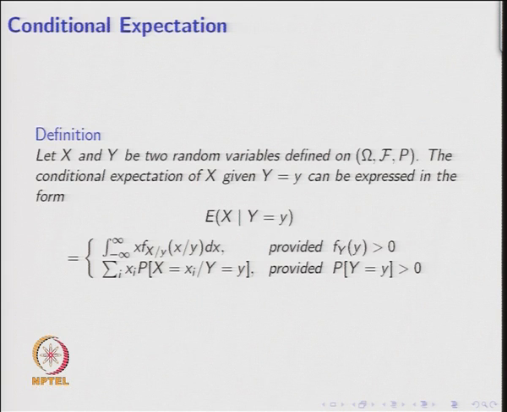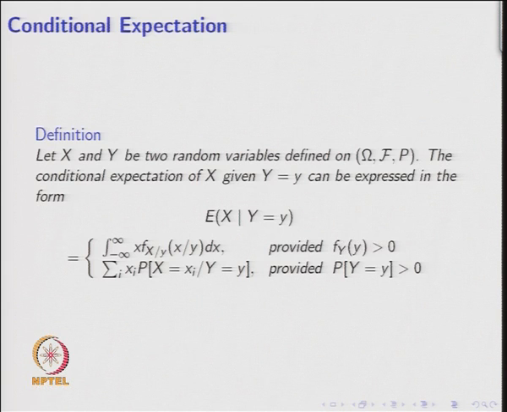You know that the probability density function is always greater than or equal to 0 over the whole range of y. But here we are discussing the conditional expectation of X given that the other random variable takes a value small y. So at that point small y, the density function value f_Y(y) has to be strictly greater than 0.